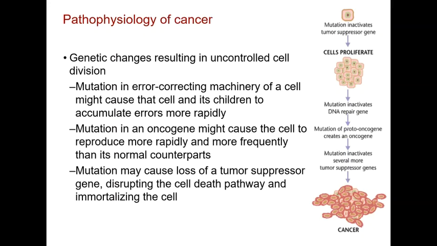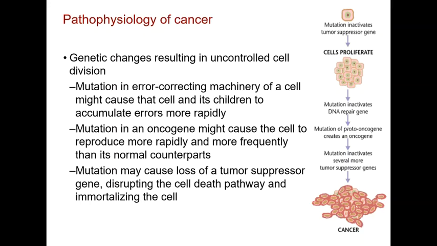So all of these changes lead to errors when the DNA is replicated. So there is an error correcting machinery. There are certain enzymes which detect these kinds of damages and try to repair them. Now in certain cases, these damage repairing enzymes are mutated, so they don't perform their functions in the required way. Either their activity is reduced or their activity is completely absent.